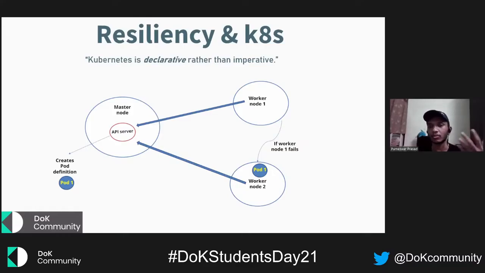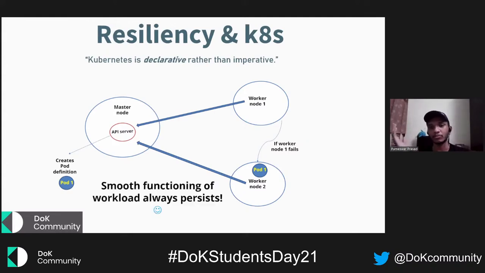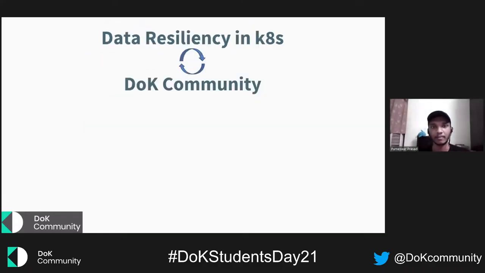So when the worker node fails, that same workload will be transferred to worker node 2. This is the best and the most efficient example of resilience, and Kubernetes is a maestro in doing it. So this all happens, and there is always a smooth functioning of the workload. And this is how resiliency and Kubernetes are very strongly related.